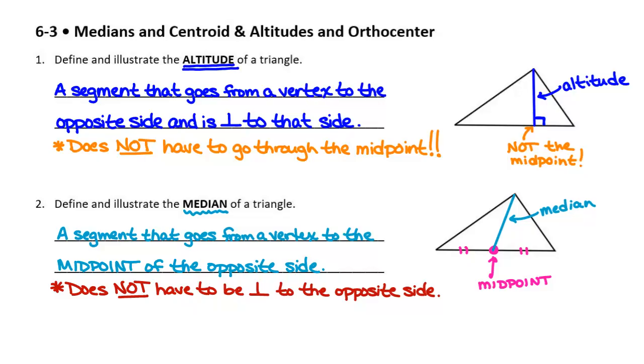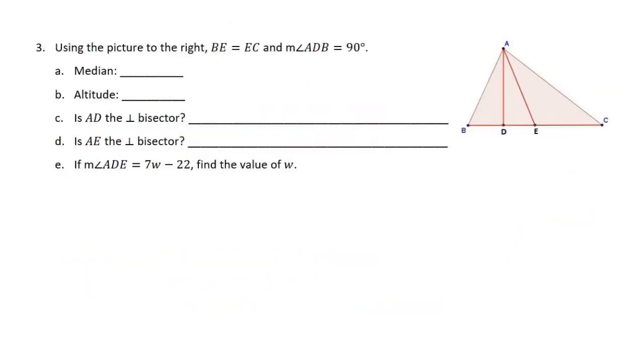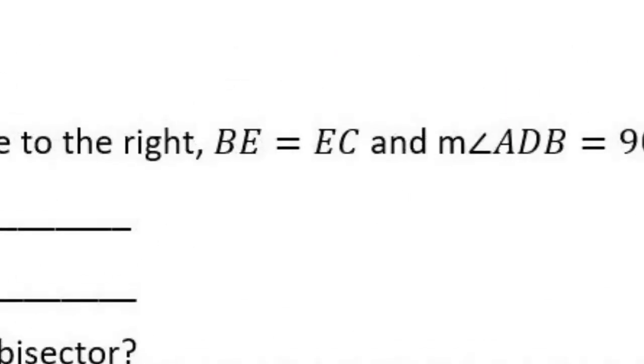All right. Let's look at an example now, down at the bottom of the page. Using the picture to the right, it says that the length of segment BE is equal to the length of segment EC.